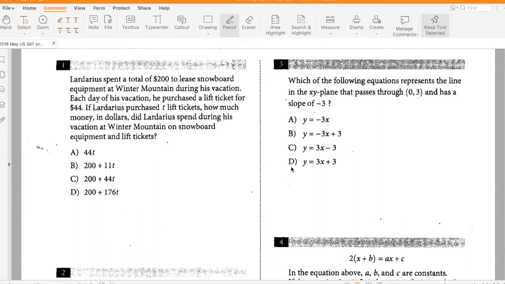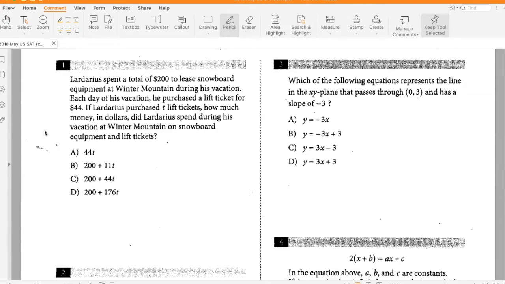Question 1. Ladarius spent a total of $200 to lease snowboard equipment at Winter Mountain during his vacation. Each day of his vacation, he purchased a lift ticket for $44. If Ladarius purchased T lift tickets, how much money did he spend during his vacation at Winter Mountain on snowboard equipment and lift tickets?